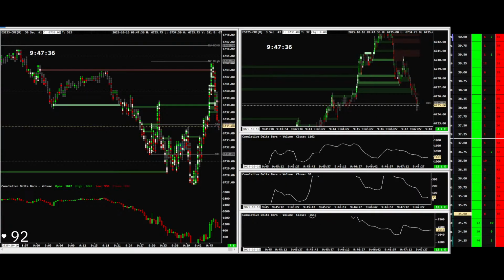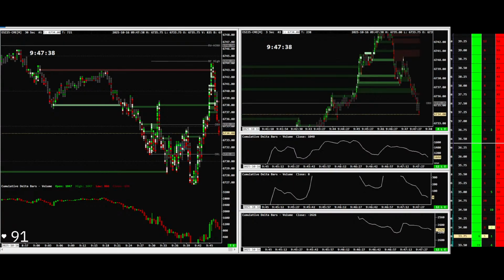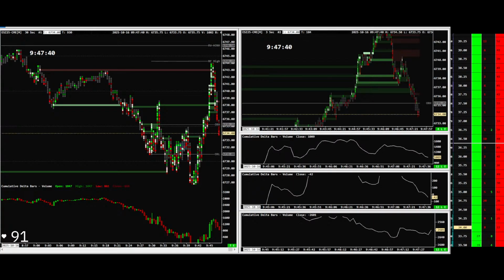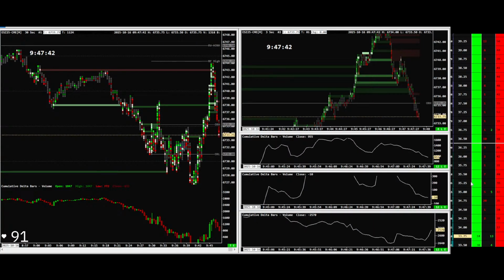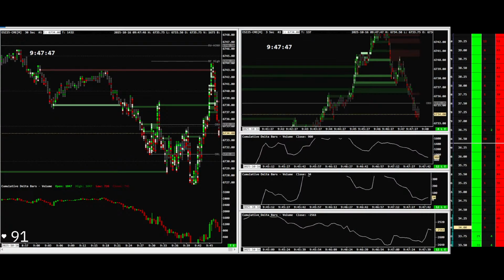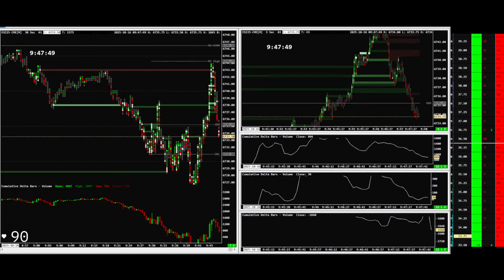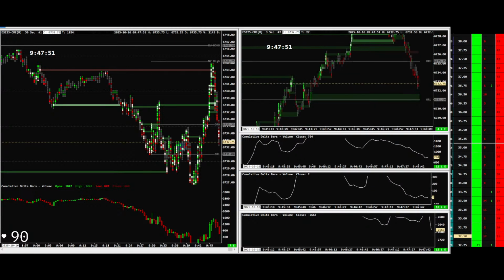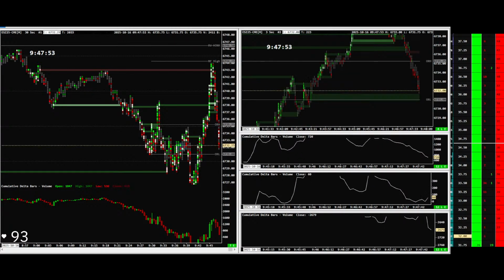There's definitely, so they're either going to continue the shove or it bounces. And it's a continuation because they were accepting.